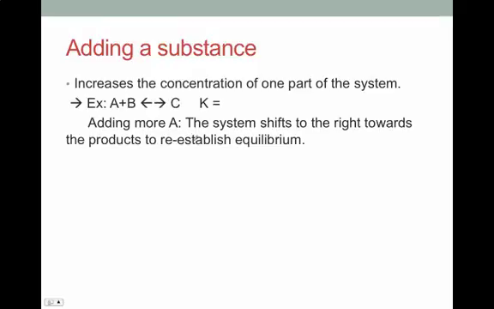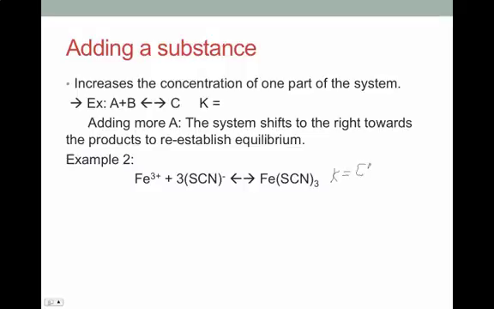Second example. If I have iron 3 ion plus thiocyanate ion in equilibrium with iron 3 thiocyanate, then my K expression is going to equal the concentration of FeSCN3 divided by the concentration of Fe3+ times the concentration of SCN- cubed.